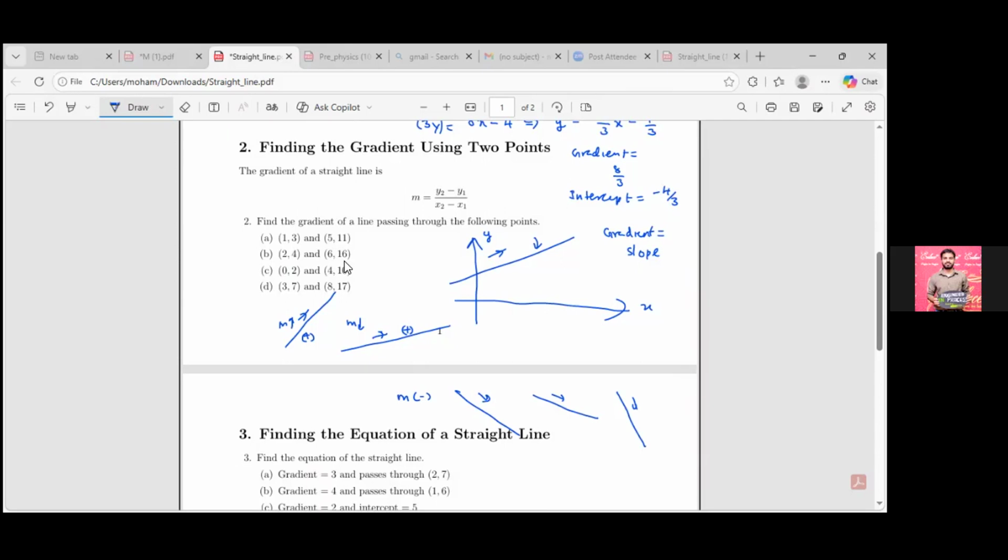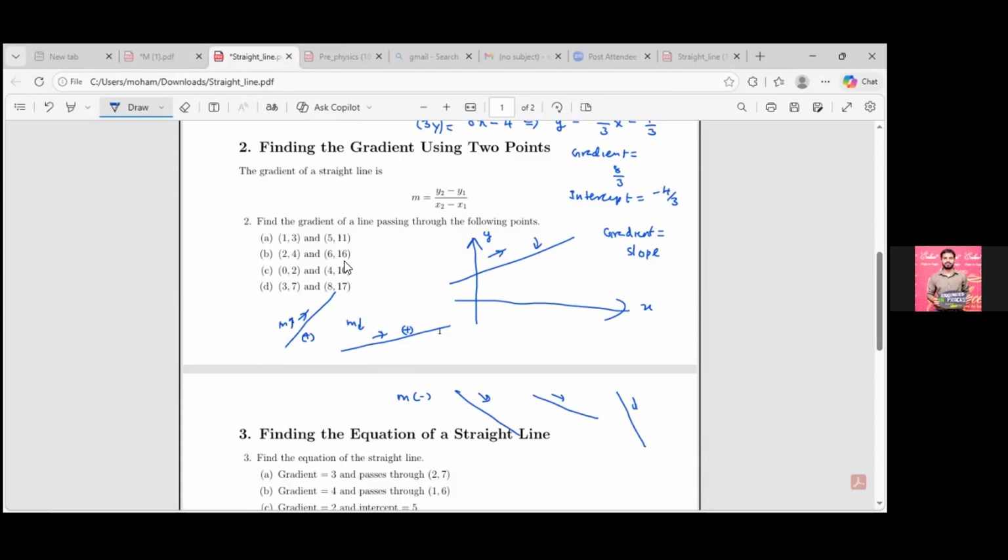Gradient represents the slope of the straight line, and the sign of the gradient also has a meaning. If the gradient is positive, then it's an increasing graph. If the gradient is negative, it's a decreasing graph.